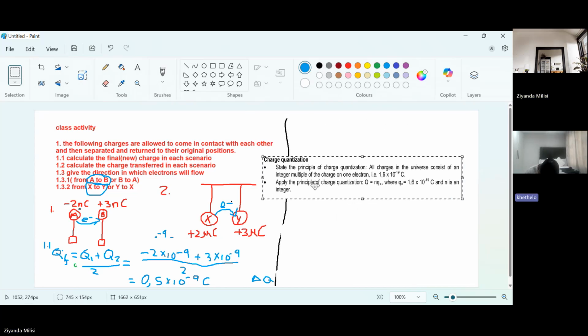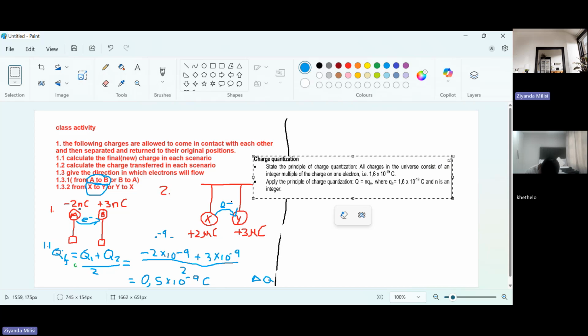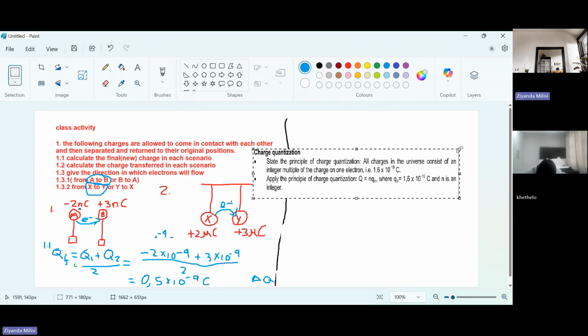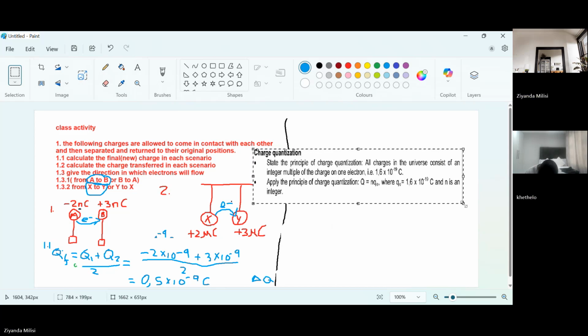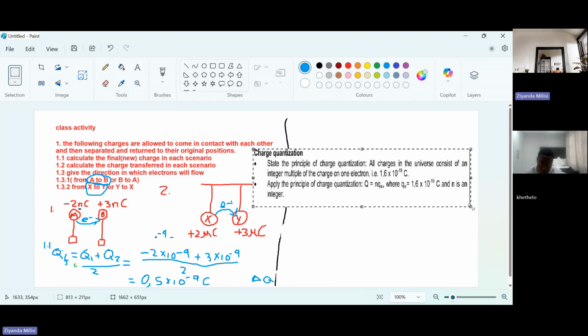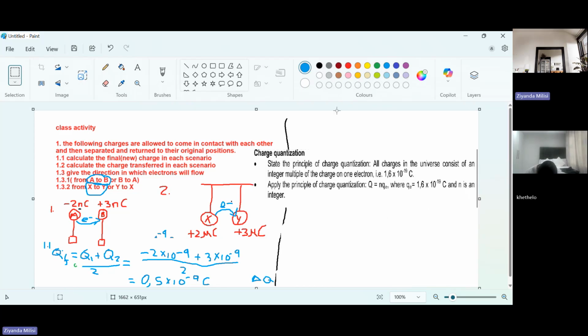Yes, in grade 10. Yes, ma'am. All charges occur in integer multiples of 1,6 times 10 to the power negative 19 coulombs.